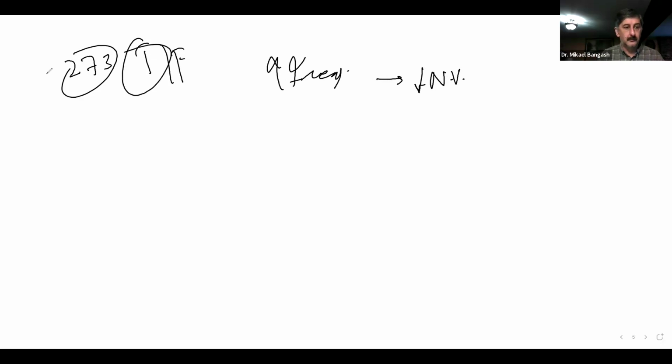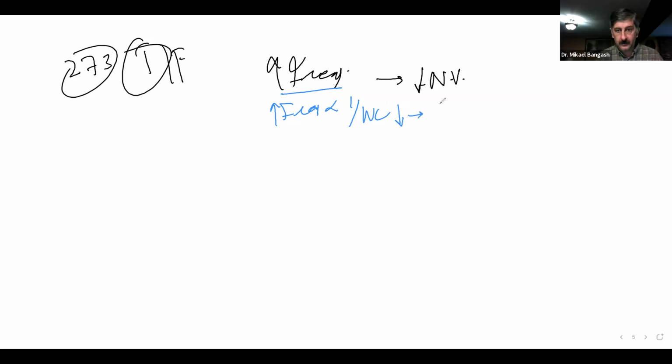And that's true. Because what do we mean by higher frequency? Frequency is inversely proportional to the wavelength, which means that the wavelength will be lower.